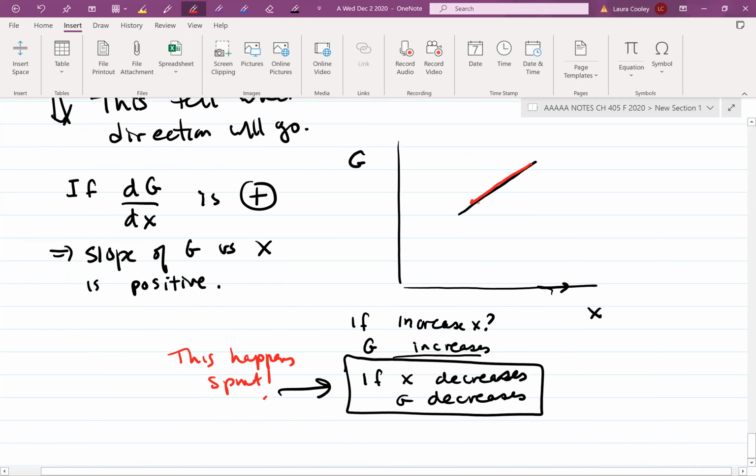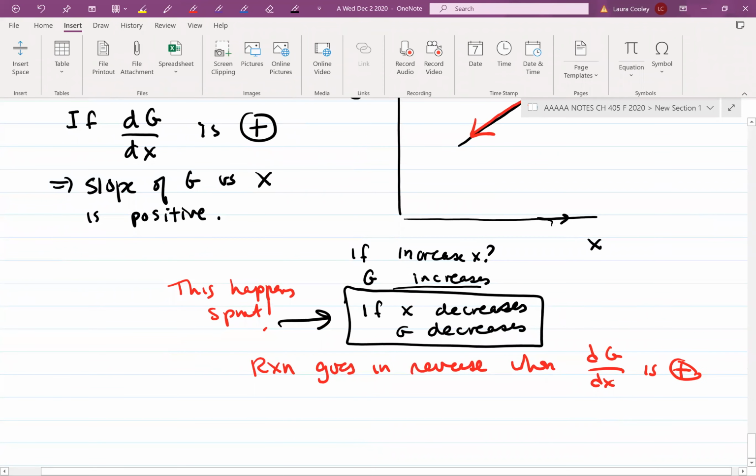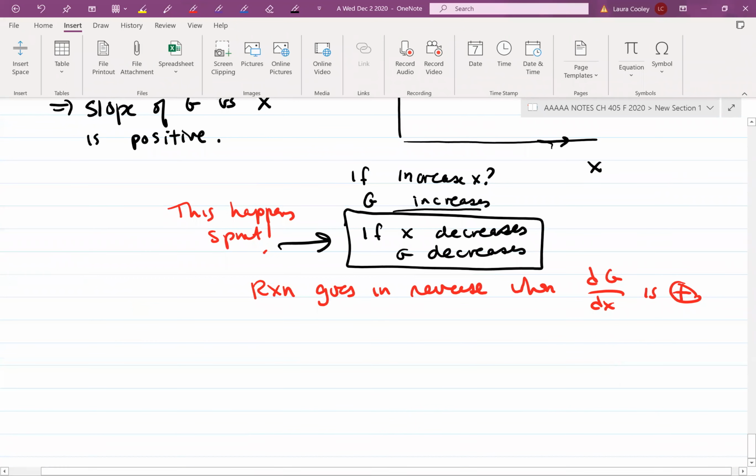The reaction is going to go that way. It's going to go in reverse when this derivative is positive. It's always going to go down. So it's going to go whichever direction it needs to that gives free energy going down, because that's the second law. That's what's going to happen spontaneously.